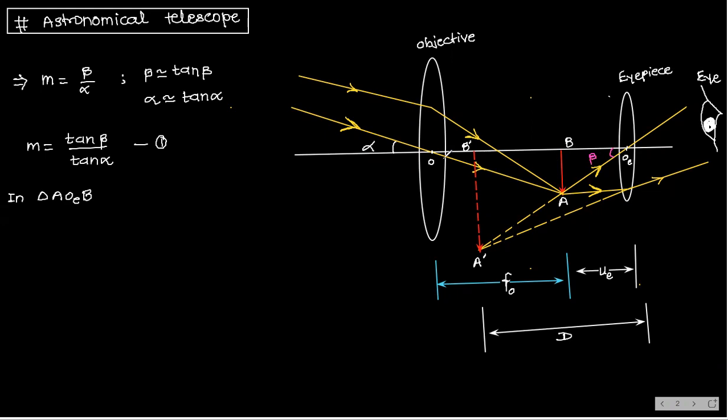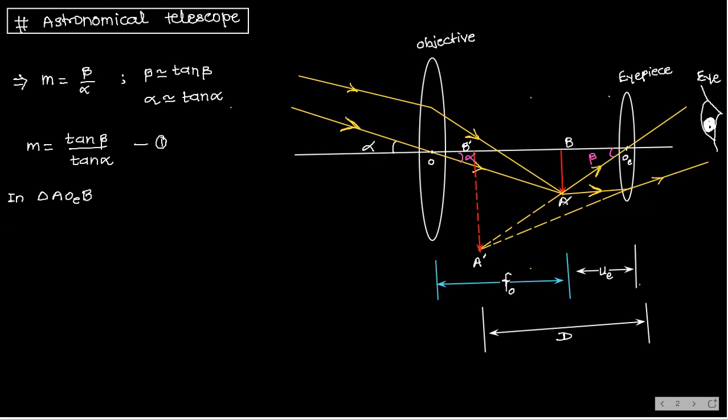Beta, and this angle is alpha. Yes. So as this is alpha, this angle is also how much? Alpha only. Yes or not? Opposite angles you can see.